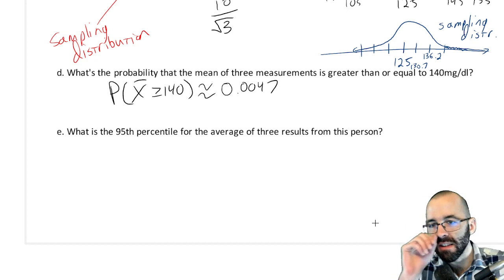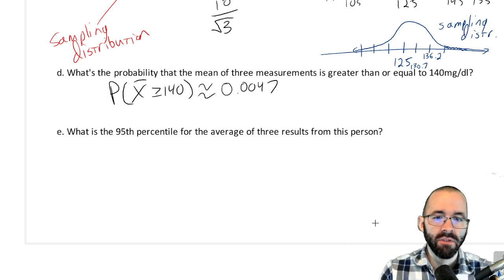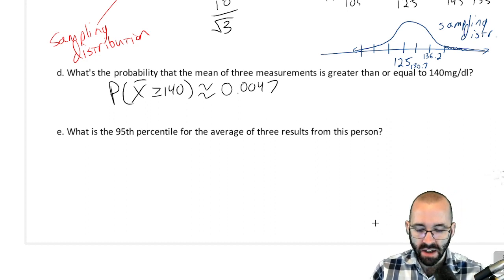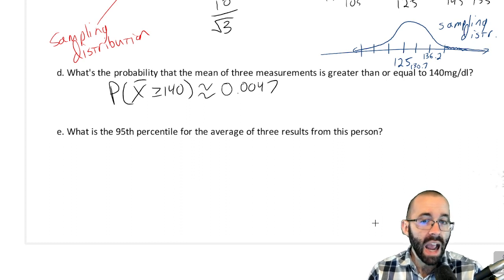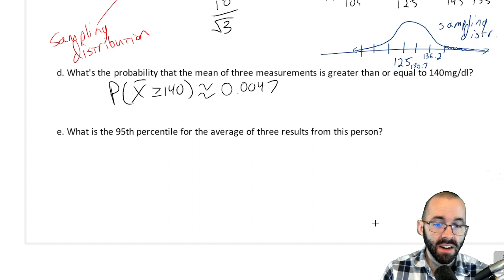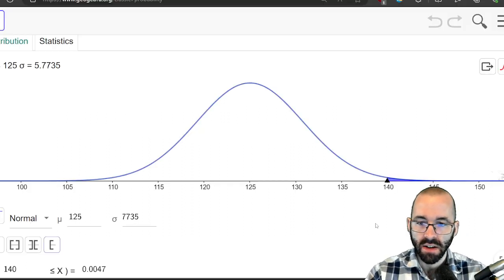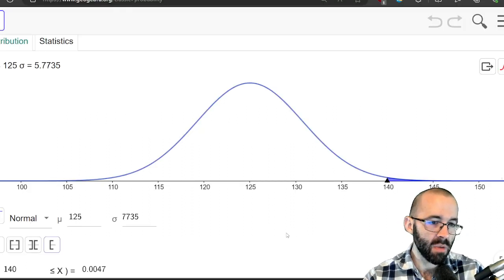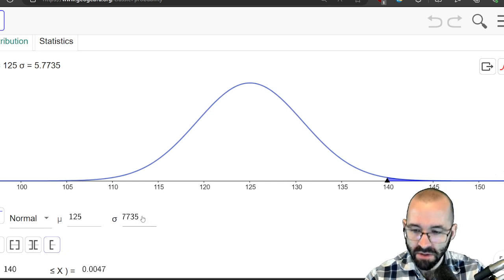All right, what's the 95th percentile for the average of 3 results? In other words, what average lies above 95% of other averages? And again, that's just having you remember how to do things from Unit 5.